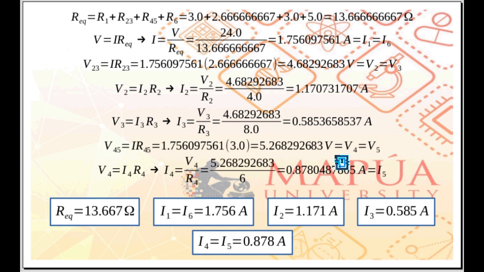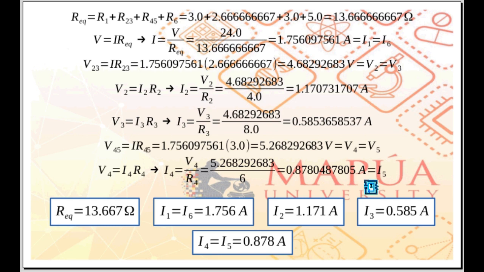R4 and R5 are in parallel connection, meaning they have the same voltage. V4 is equal to V5 equal to V4,5. Resistors in parallel connection. Using Ohm's law on V45, V45 is equal to I4R4. Isolating I4, I4 is equal to V4 over R4. We know V4, we know R4, thus we are able to determine I4, 0.878048780 amperes.